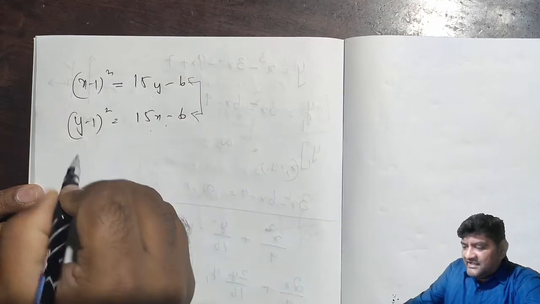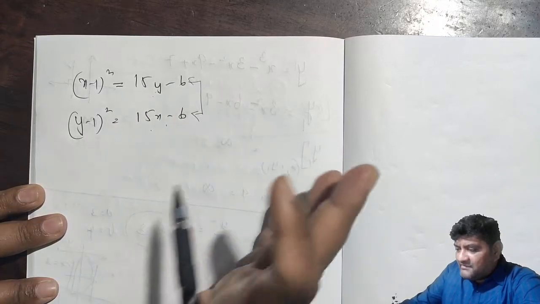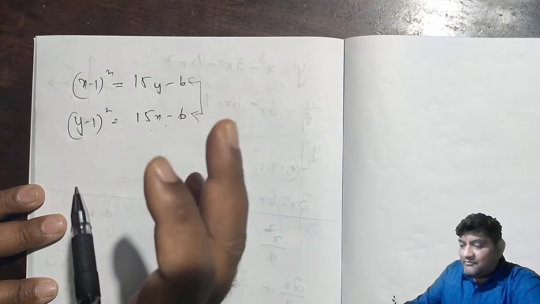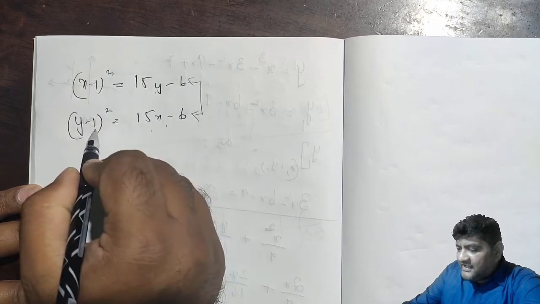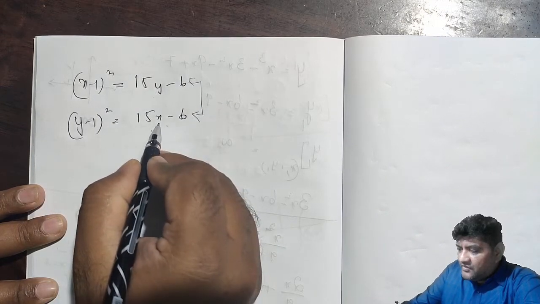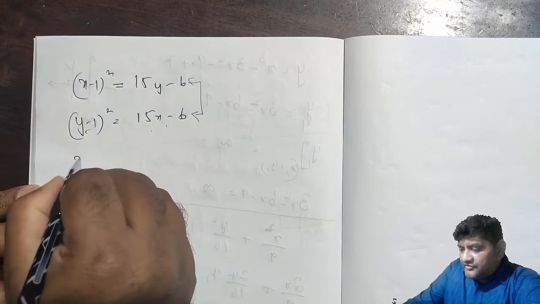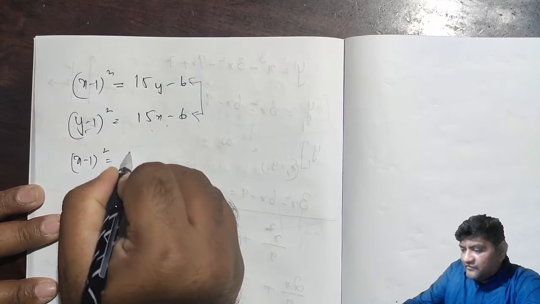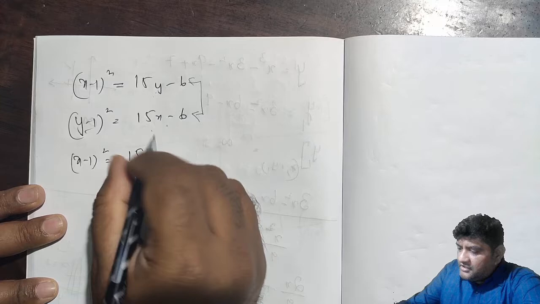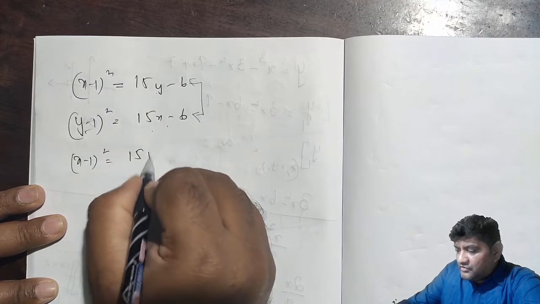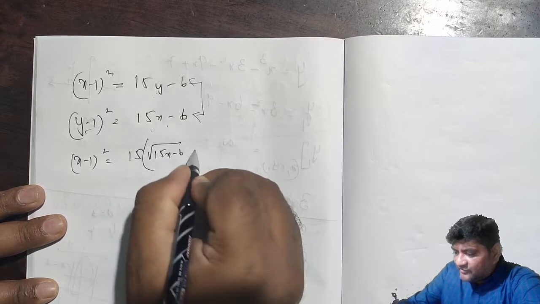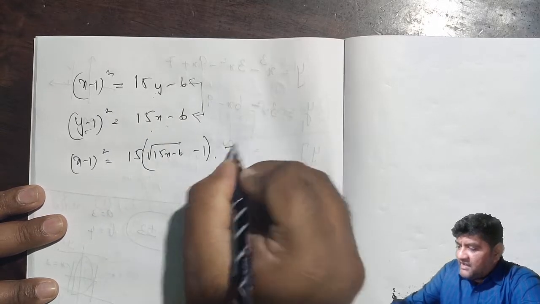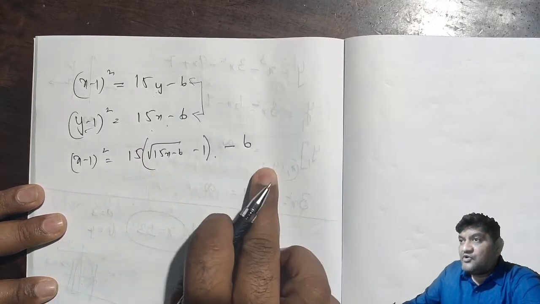In this case, if I try to do that, it will be a bit cumbersome, and therefore what I'm going to do is, let's see, in this I can take out what y is equal to. So I'll have (x minus 1) the whole square is equal to 15 into, now y is going to be equal to root of 15x minus 6, minus 1, minus 6. Now this is the equation that I'm going to solve.